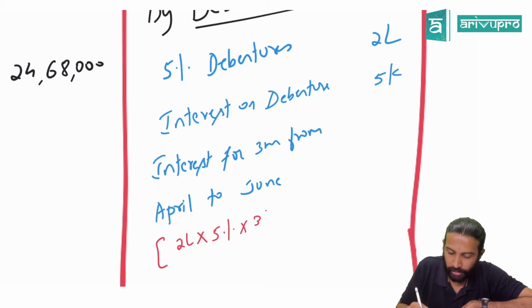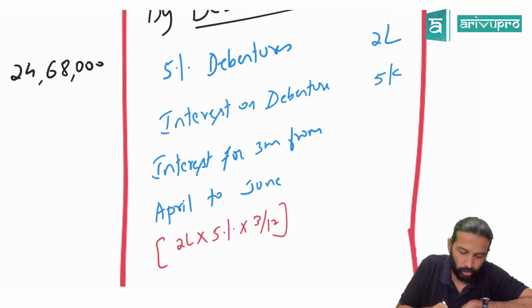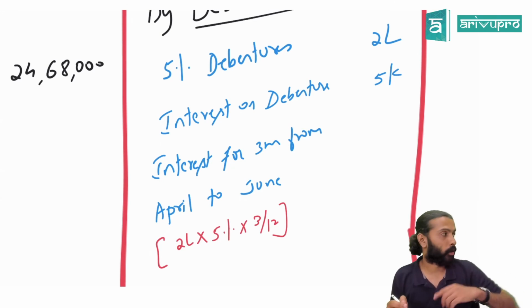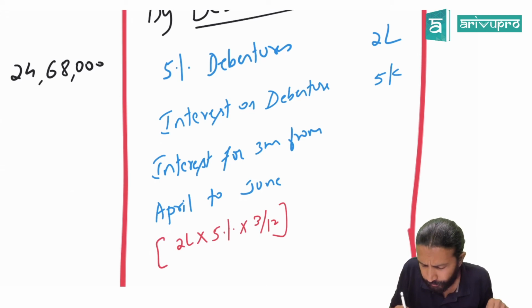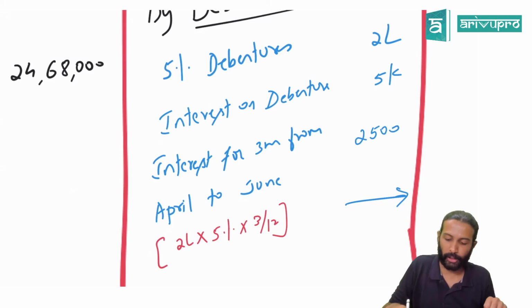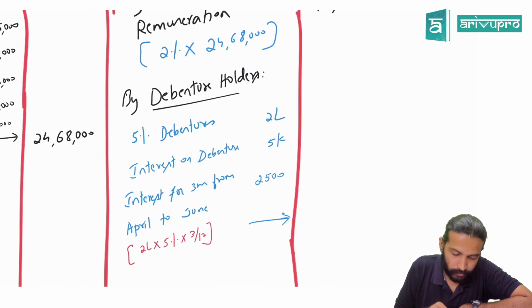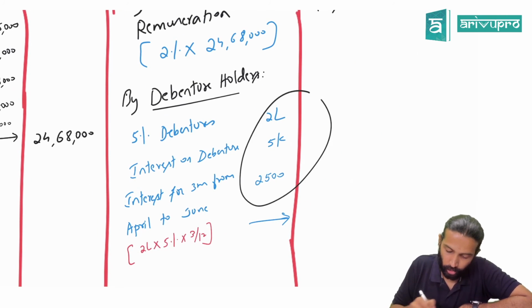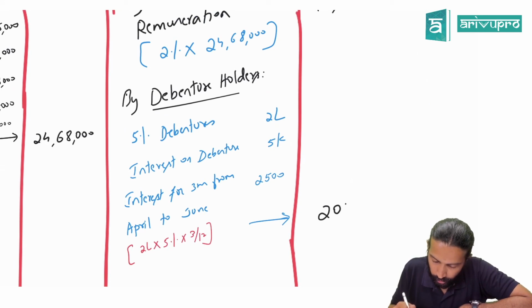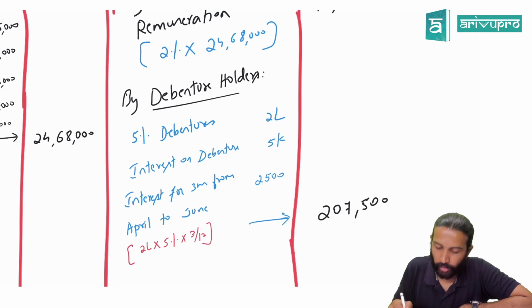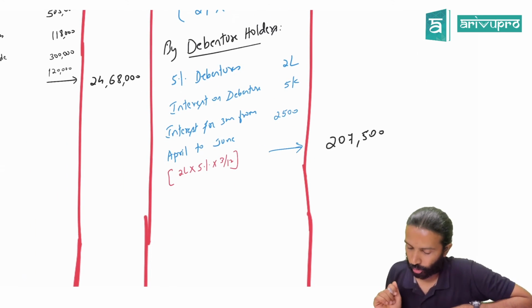And the number of months is 3 months. So do that calculation. 2 lakh into 5% into 3 by 12. 2,500. That means totally how much you need to pay to the debenture holder, sir. Add all of this. You're going to get what? 2,07,500. That is the payment you need to make to the debenture holders, which I'm pushing into the outer column.